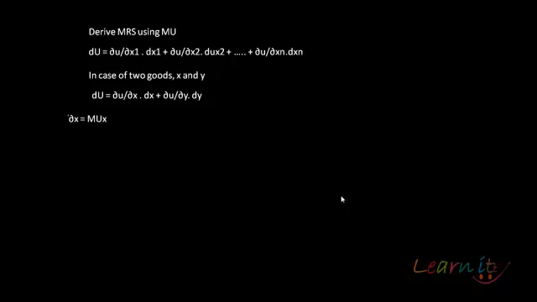But we know that del u by del x is the marginal utility from the consumption of x, and del u by del y is the marginal utility from the consumption of y. So you can write du is equal to mux into dx plus muy into dy.